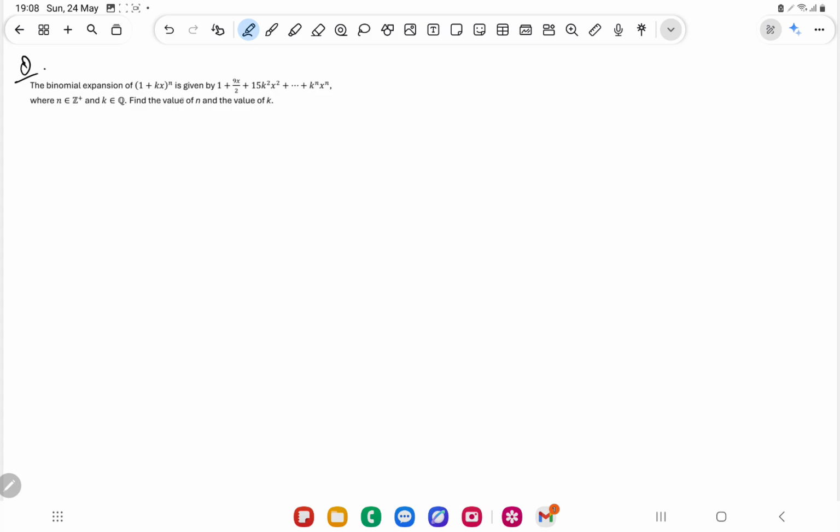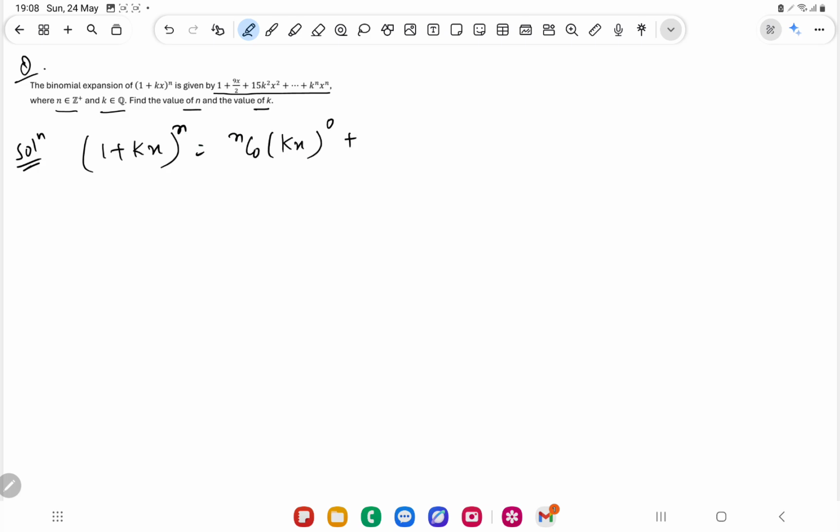The binomial expansion is given to us as this, where n belongs to positive integers and k belongs to the rationals. So we have to find the values of n and k. Again we have to use the nCr formula. If I try to expand this, I will be writing nC0 kx to the power 0.